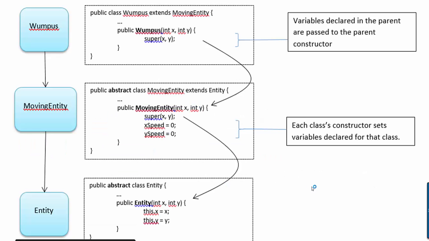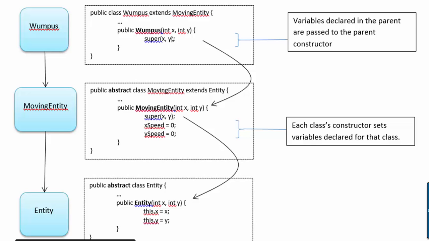In terms of how your constructor should look, this is just an example. Your Wumpus constructor probably will take more inputs, but the idea is if you're going to construct a Wumpus, you're going to give it its starting XY coordinates. But the XY variables aren't actually declared in Wumpus. They're inherited all the way from entity. So in order to set them, you're going to call the parent constructor by using the super keyword.